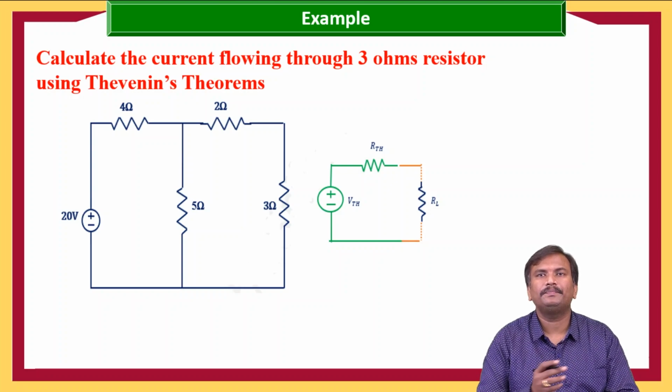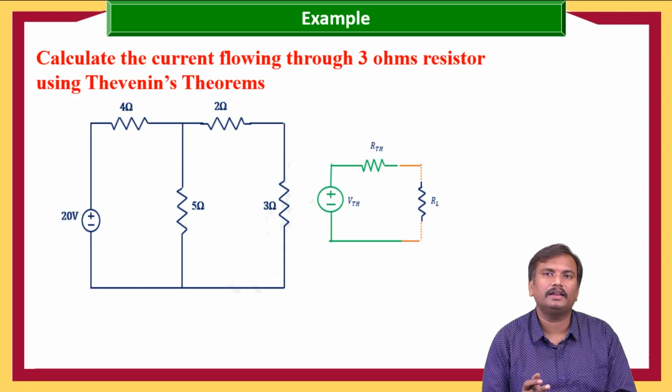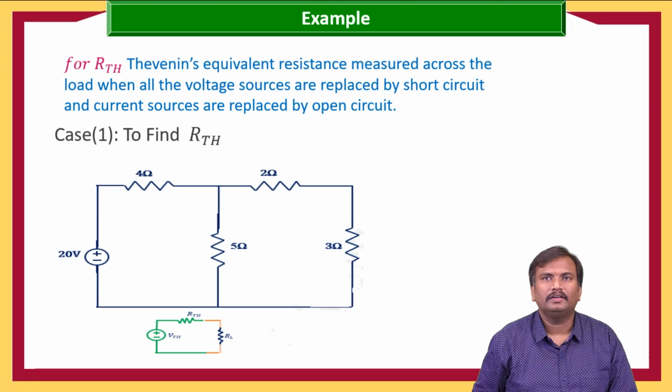So what is our first step? We need to remove the load resistance. Then we have to calculate VTH and RTH. After calculating VTH and RTH, again we have to add the load resistance. So first let us go with the removal of the 3 ohm resistance.